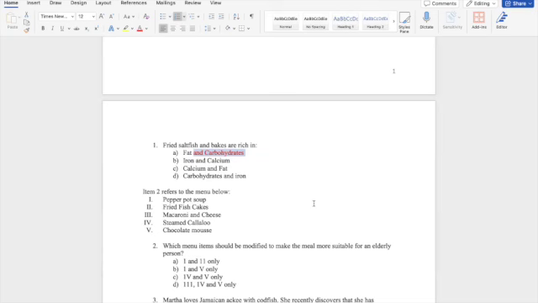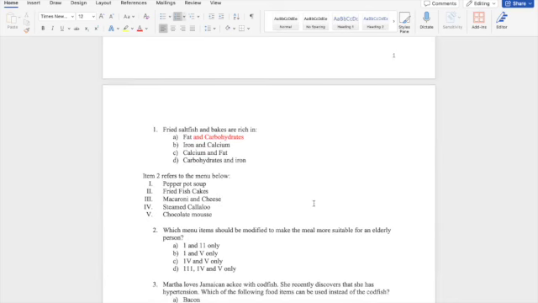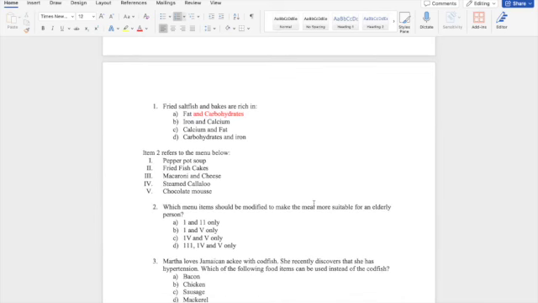The question says, which menu should be modified to make a meal suitable for an elderly person? So the answer will be A. So we'll get pepper pot, and you will also get fried fish cake.